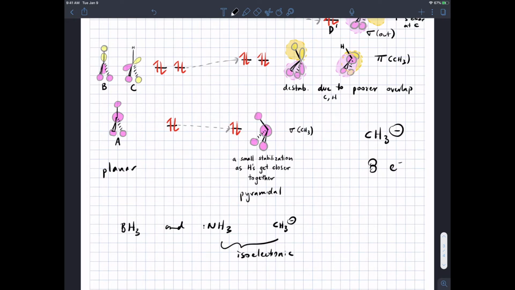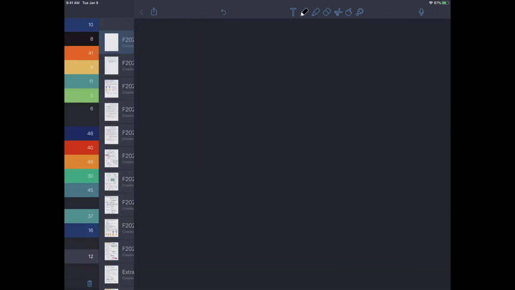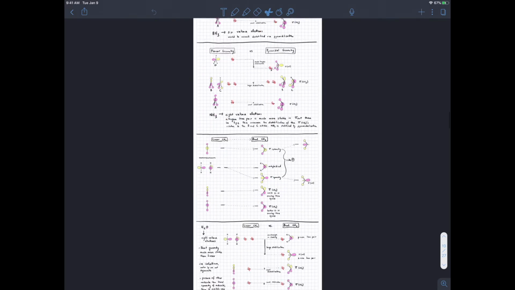So we can do an analogous approach with bent and linear CH2 groups. I'm trying to think. But actually, I can refer you to the book and to my notes on that. The process is very similar, and I don't know that there's a lot to gain by us walking through it in class. One of the interesting features, though, that I want to mention without deriving all of it is, let me just copy it.